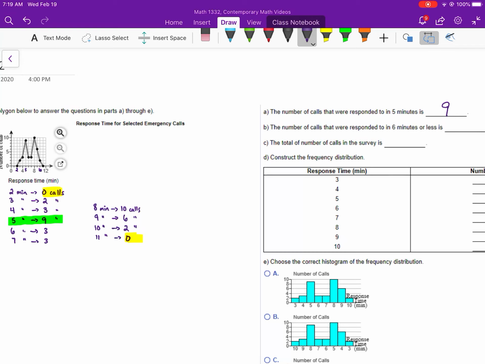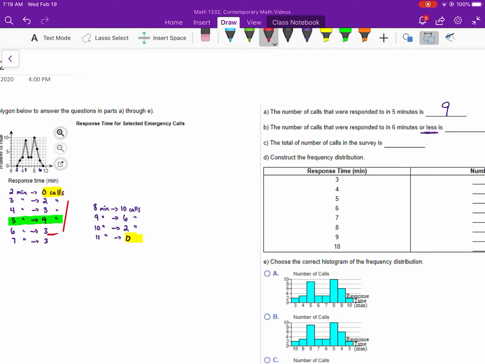B, the number of calls that were responded to in 6 minutes or less. Interesting, 6 minutes or less, that's going to be everything from here and downward.